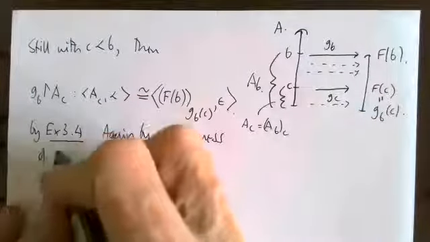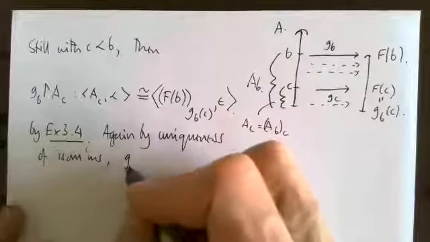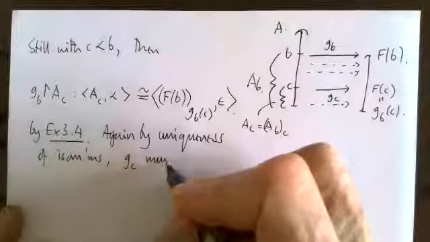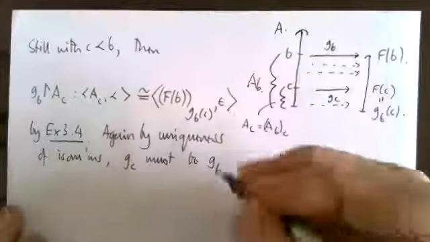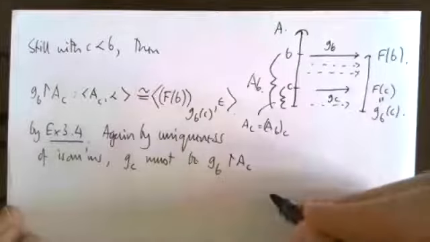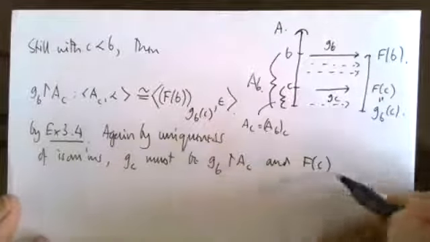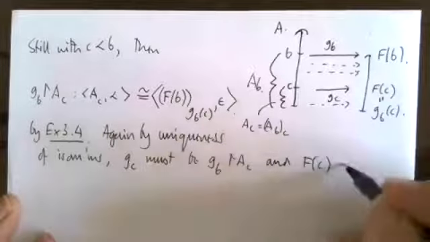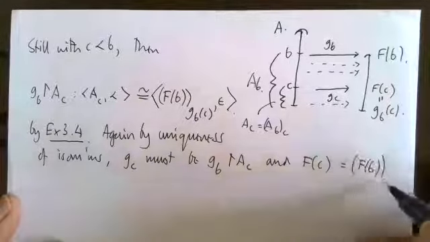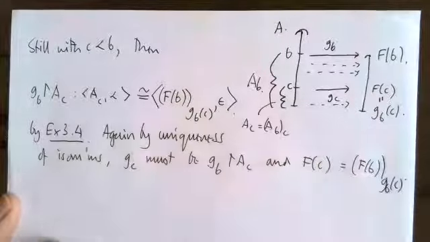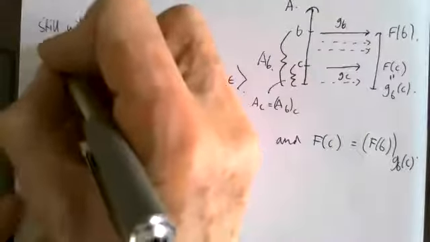So again, by uniqueness of isomorphisms, GC must be this GB restricted to AC. And f of C is just f of B cut down to GBC, restating what's there in the exercise. So this here has to be GC.